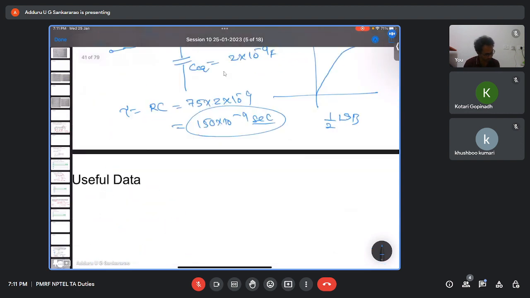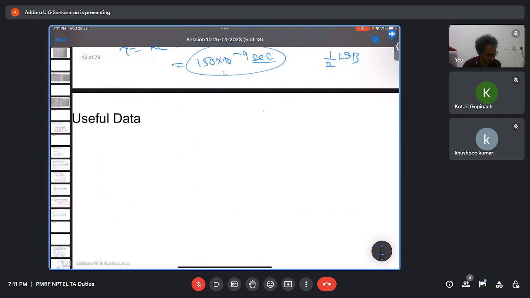What is an LSB? LSB is nothing but the step size. Half of the step size can be the error. So what is the step size? Vin by 2 power n minus 1, that is 255. This is the step size. So that means 1 by 2 into this.